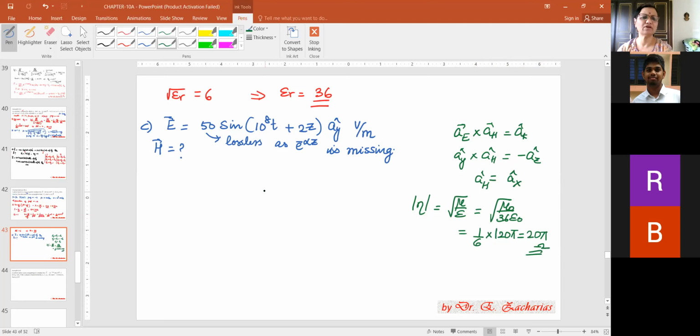What more do you need? Now just do it. So what will be your h now? H as a function of z comma t will be equal to E naught by modulus eta.